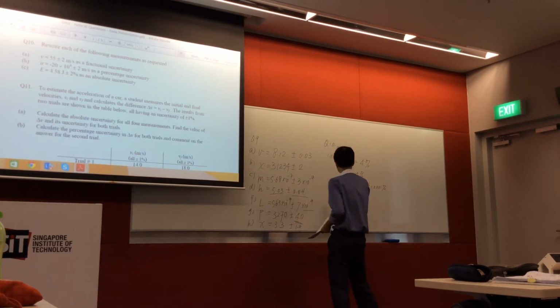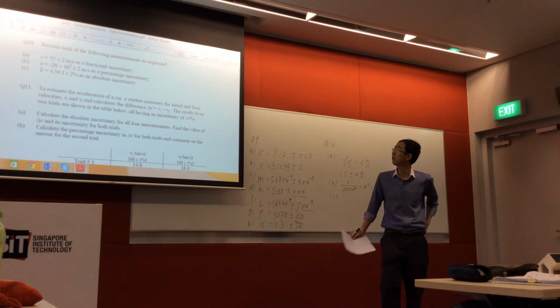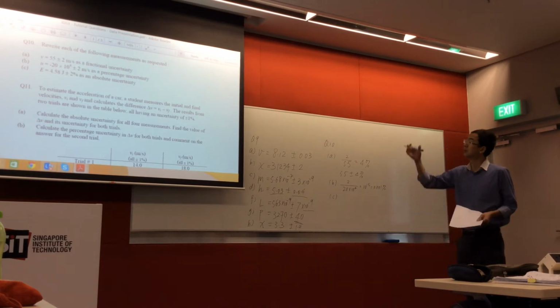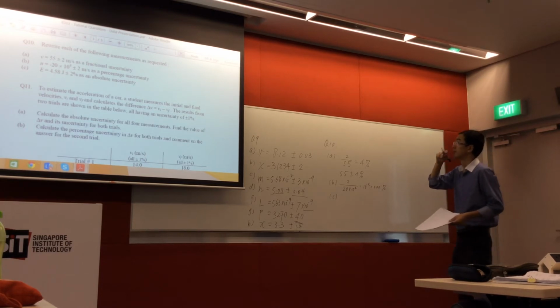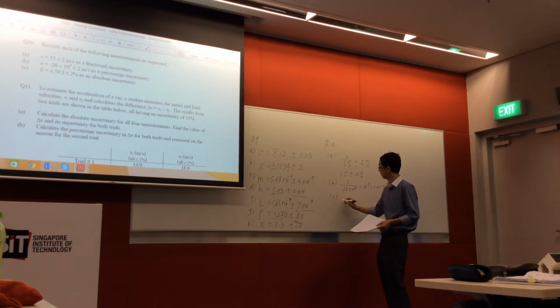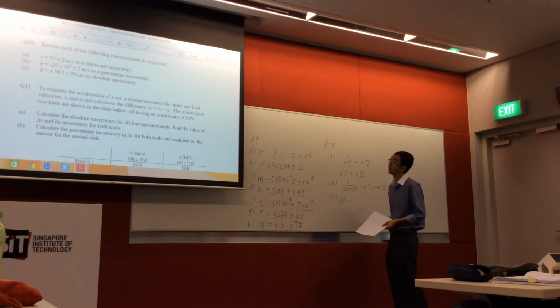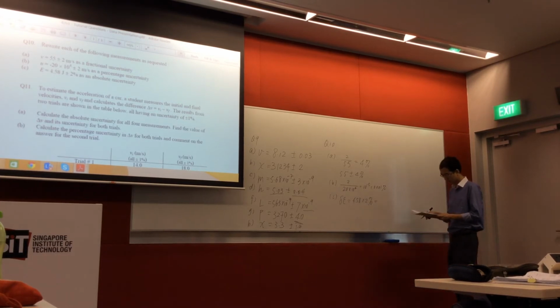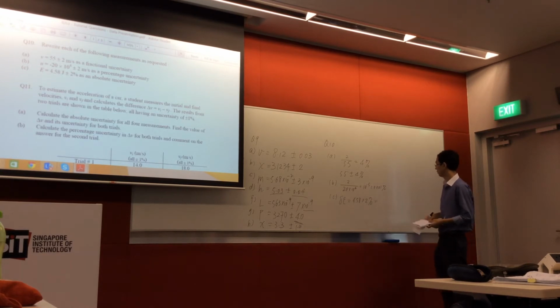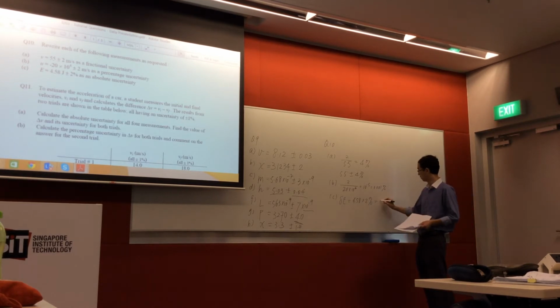Okay, C. C you need to report as absolute uncertainty. So the fractional uncertainty is 2%. So what is your uncertainty in E? It will be 4.58 times 2%. So this one gives you 0.0916, something like that.